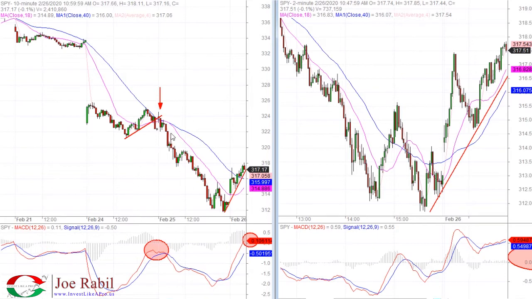And one of the things I wanted to point out is that, a lot of times, so this is the first one right here. On the 10-minute, a lot of times you're not going to get a rally all the way up to the zero line exactly. You're not going to get this red line to come right up to that level and roll over. It's just not a perfect world.